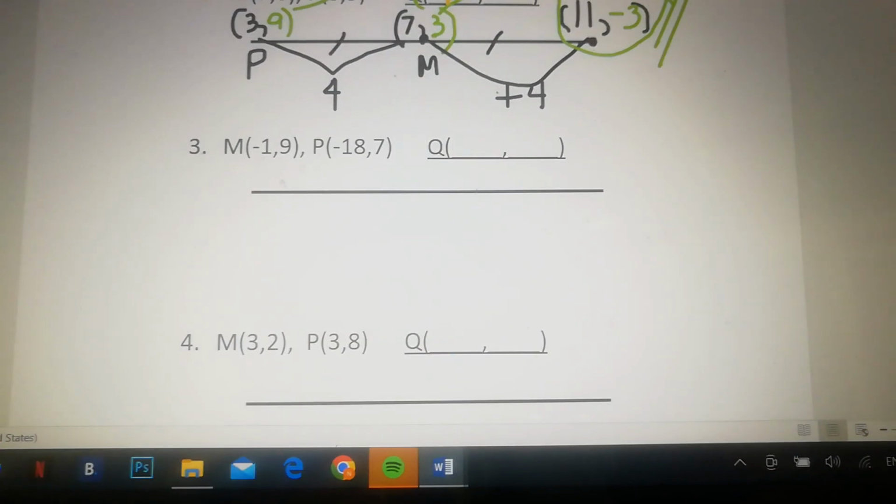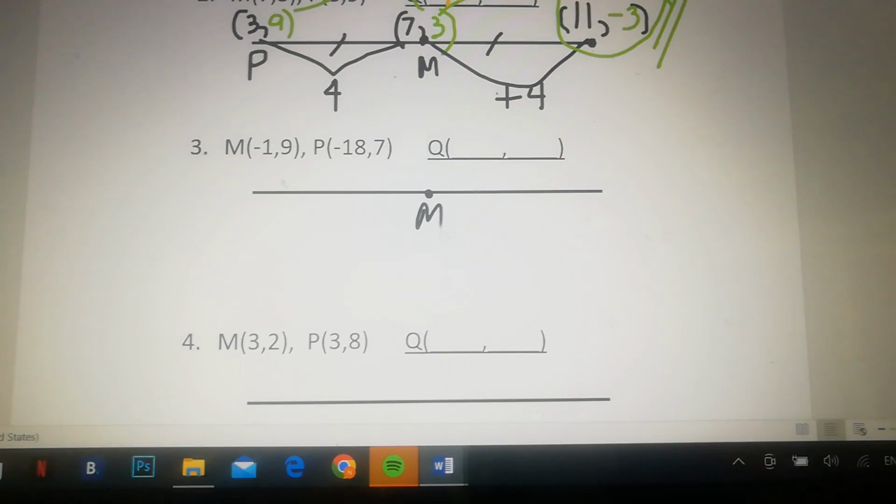Next, for number 3, we will again use this procedure. This is M and then this is P. The coordinate of M is negative 1 and 9. The coordinate of P is negative 18 and 7. Okay, the difference between the x coordinates is equal to 17.